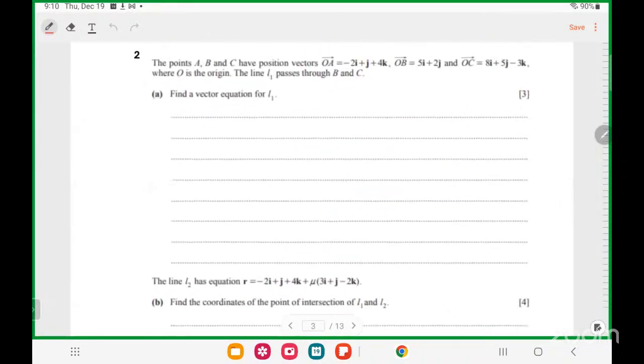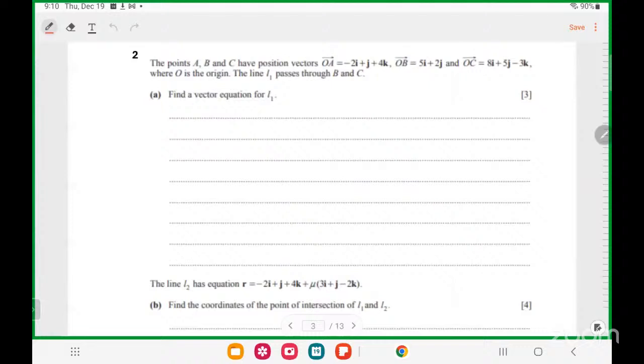The next question is: the points A, B, and C have these position vectors, where O is the origin.